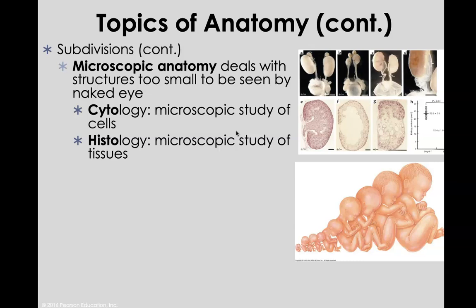That word cyte again means cell. Or if we're talking about osteocytes, osteo means bone, cyte means cell. So we're talking about bone cells. Anytime that you hear the word cyte, I want you to think cell.